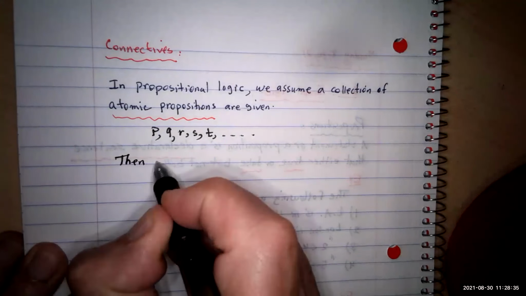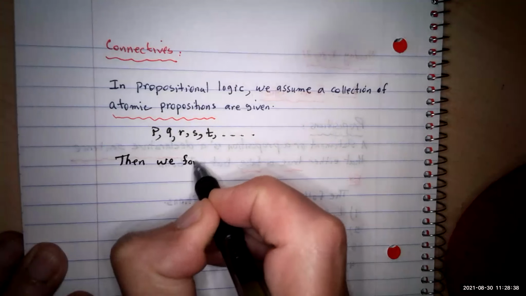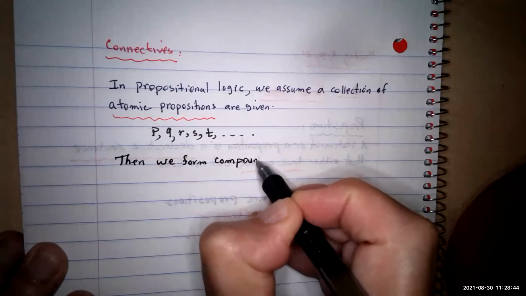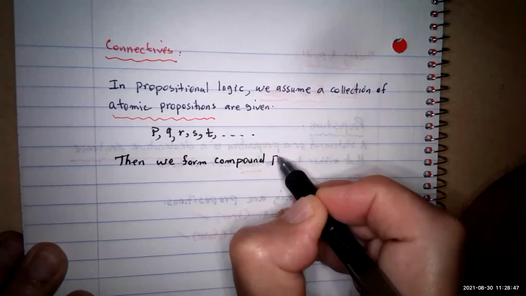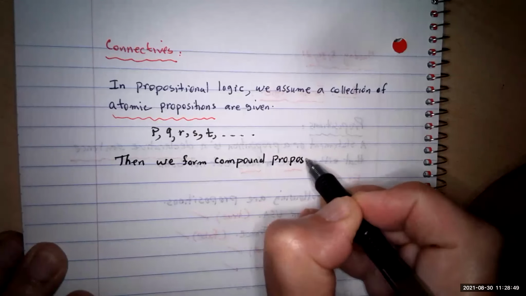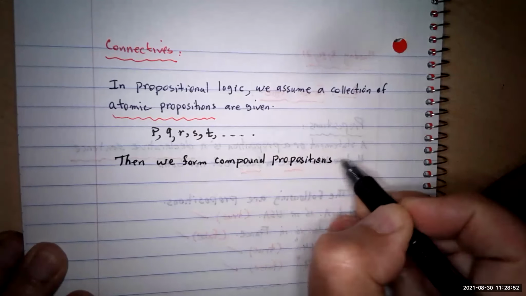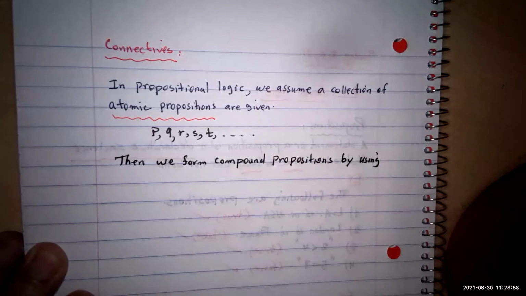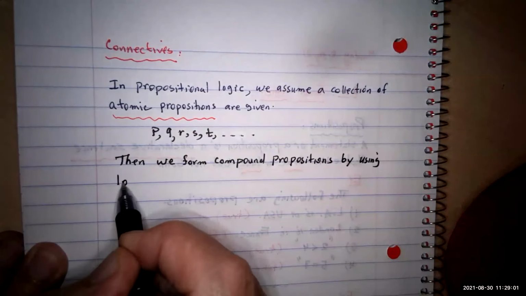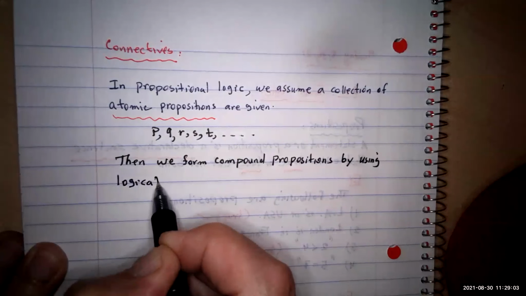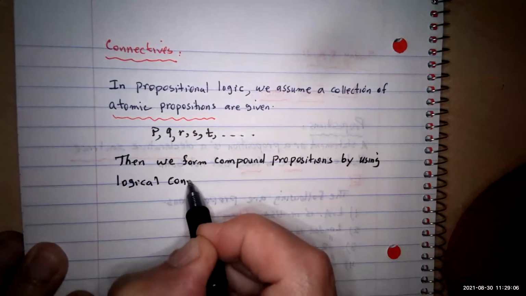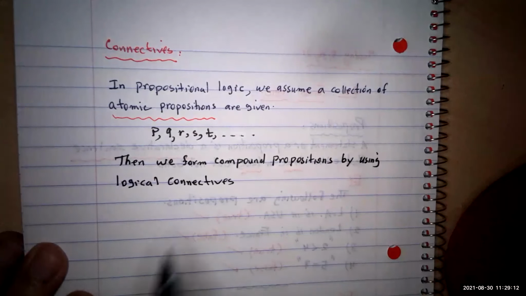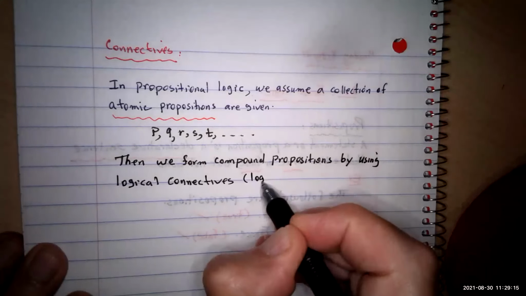Then what we can do is form a new one. We form compound propositions by using connectives and these atomic ones. We use logical connectives, and sometimes we call them logical operators, or like a function.